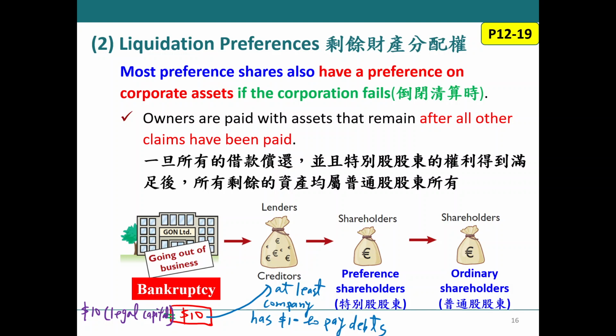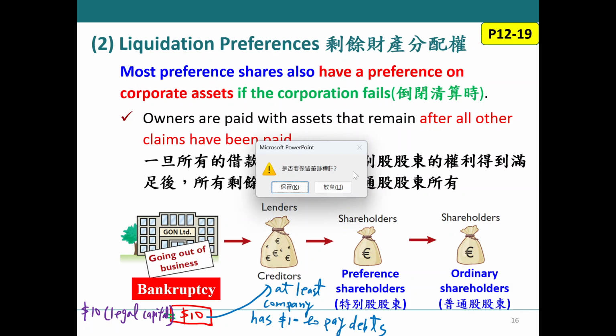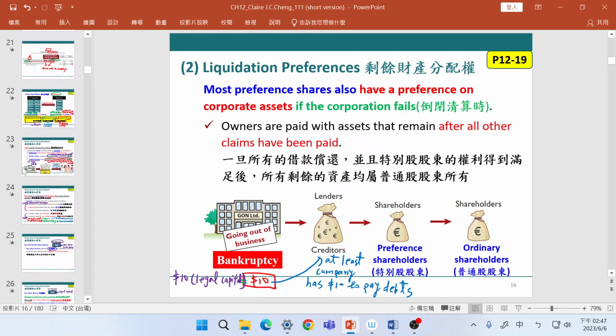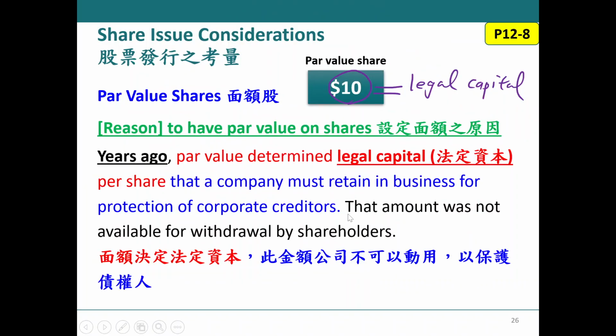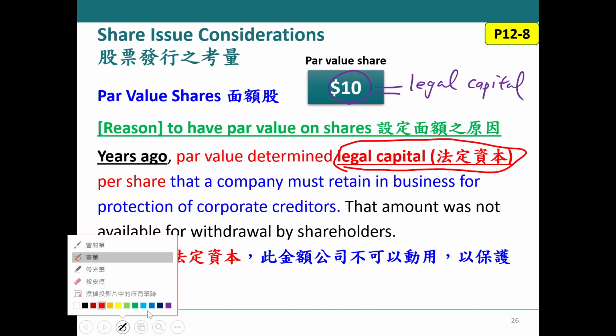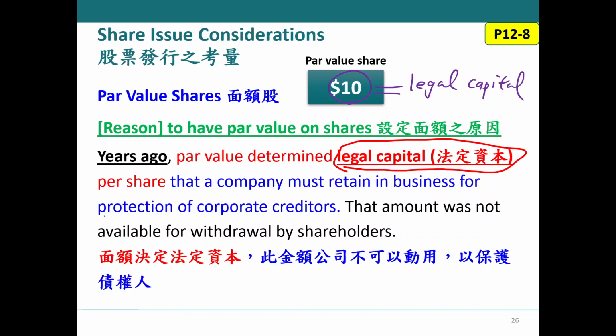Any questions? Okay. So why do we have this kind of rules? In order to protect creditors. So we have the rule of $10 as the legal capital. Why? In order to protect creditors.